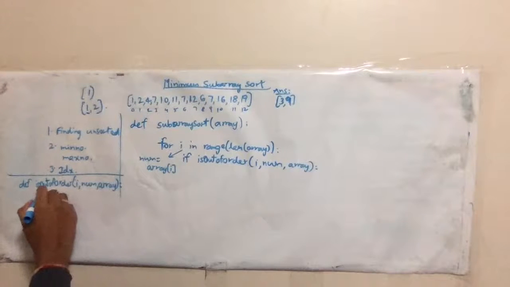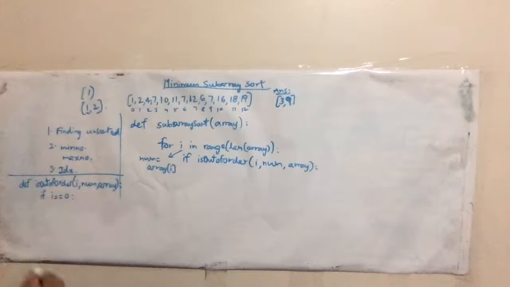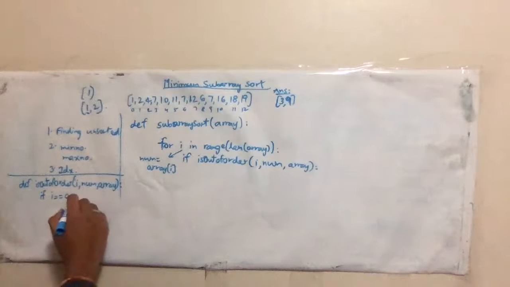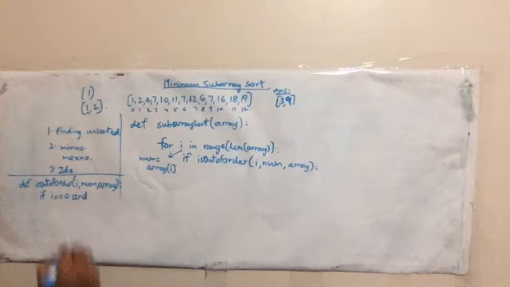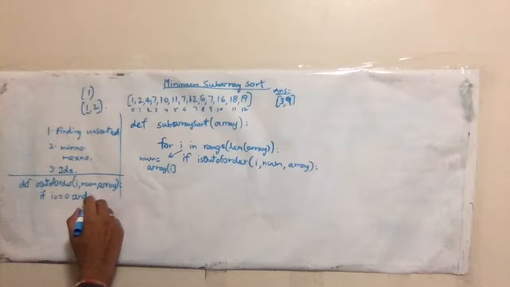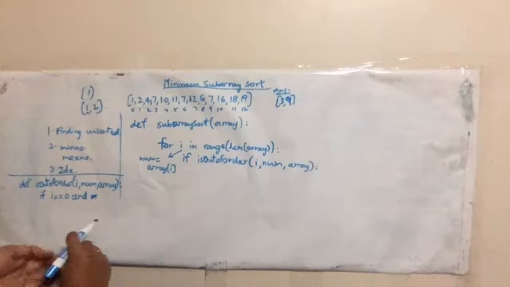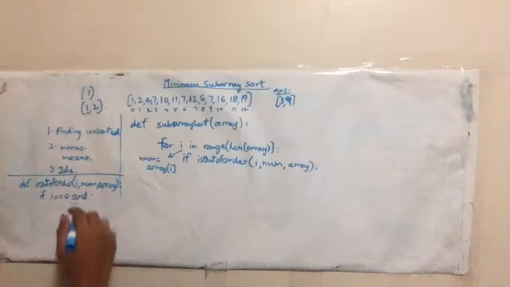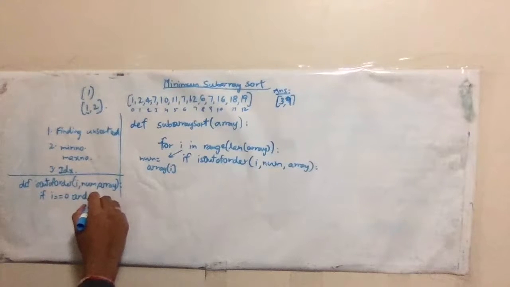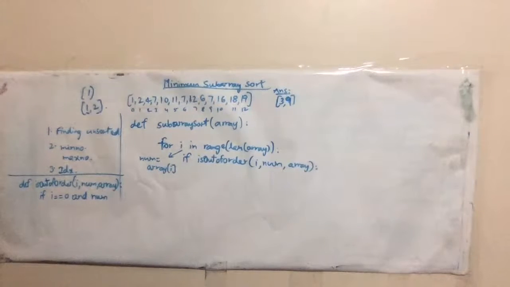Say for example, if I is equal to 0, I mean if it is index 1, index 0, and the number is the array of I, is less than the next number.